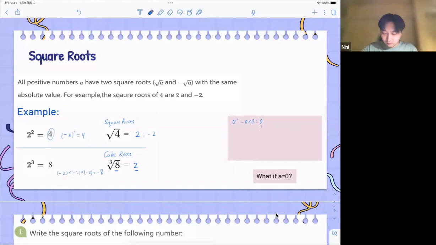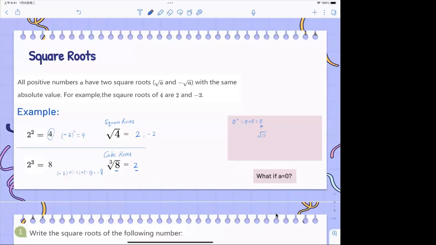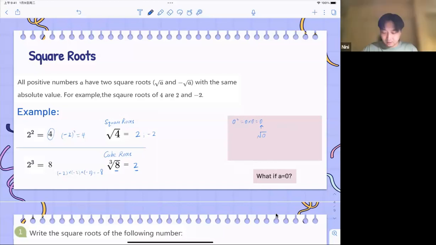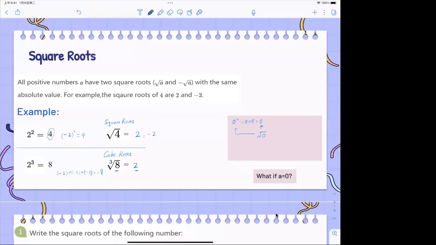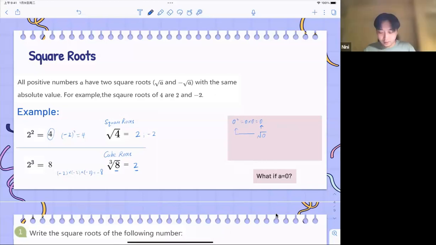So if we did a square root for this one, 0, that is 0, right? Okay, so that means if you see 0 inside the square root, the answer is always 0. Okay, that's all for our definitions.